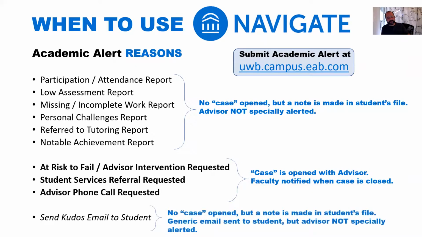And finally, the email to the student. No case is opened, again, no advisor is notified, but a note is made in the student's file. And a kind of generic kudos email is sent out saying, hi student, your professor said you did a great job, keep it up, right?